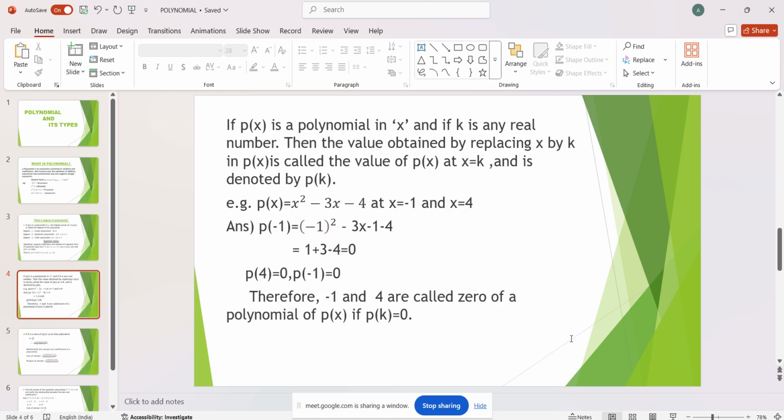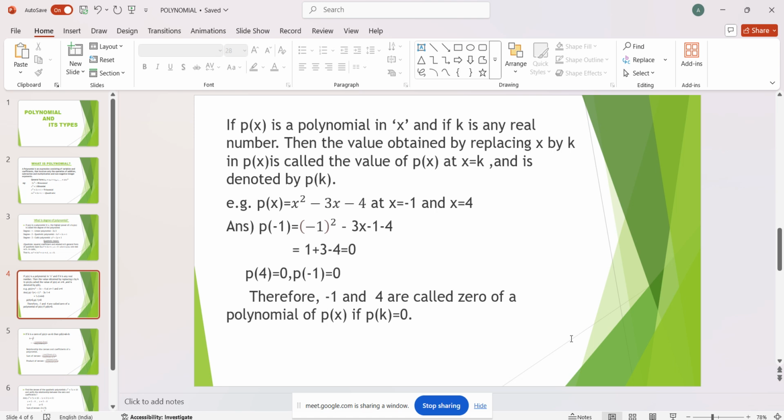Next, take p of x as a polynomial. P of x is a polynomial in x and k is any real number. The value is obtained by substituting. For example, p of x equals x square minus 3x minus 4, and take x equals minus 1.